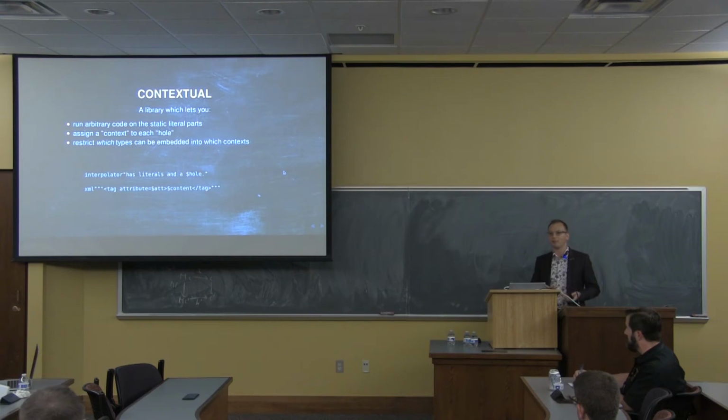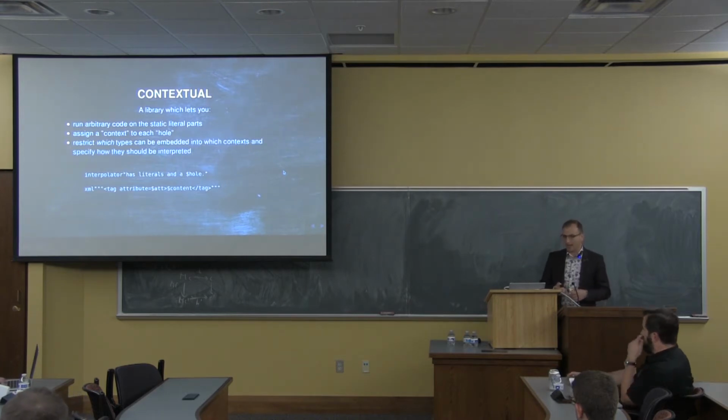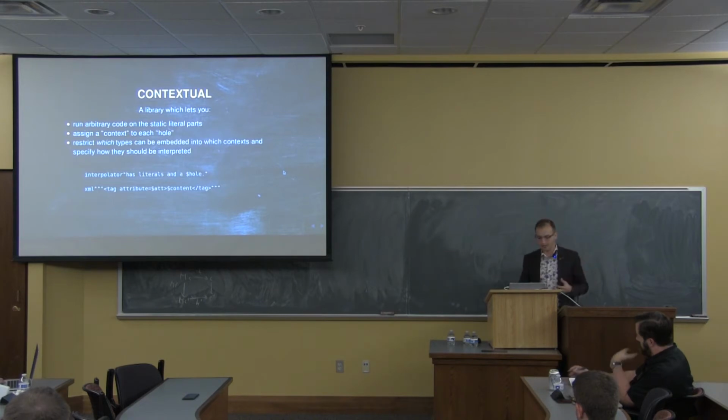So maybe you have certain places in your parsed DSL where you want to embed numbers, so ints are good, doubles are good, but not strings. Other places you might want only to embed some sort of ID type or some structured type, who knows. And depending on the type you're embedding in that position in the interpolated string, it may be interpreted in a different way.